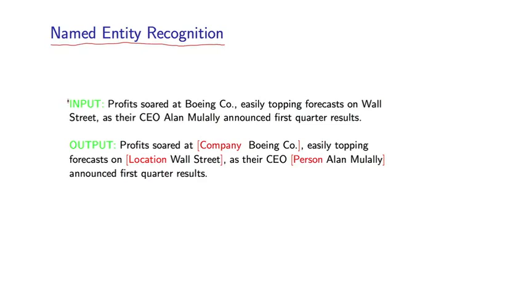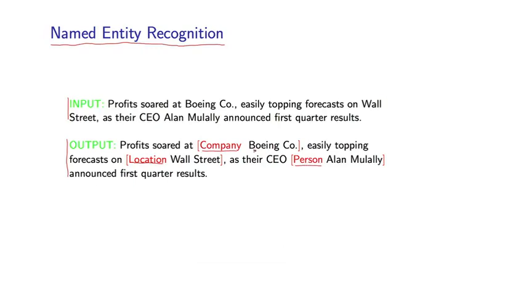The problem in this case is to take, again, a sentence, a sequence of words as input. And now in the output, we're going to identify named entities in the input sentence. So a named entity might be a company, or a location, or a person. Those are 3 very common entity types.